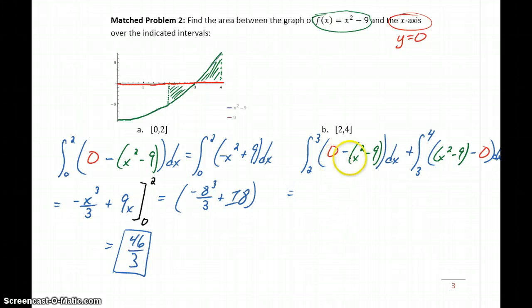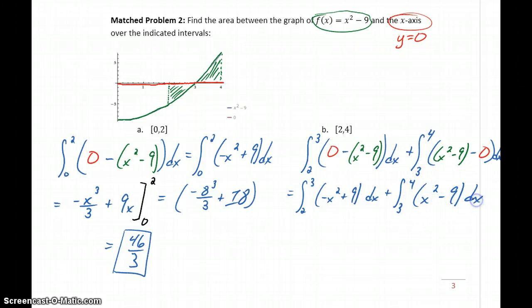So integrating this, let's just rewrite it to simplify a little bit here. So this will be the integral from 2 to 3 of negative x squared plus 9 dx plus the integral from 3 to 4 of x squared minus 9. So now we have two separate integral problems to evaluate separately.